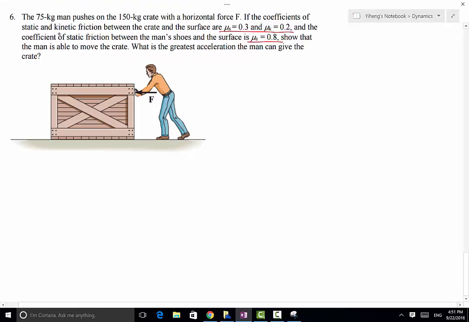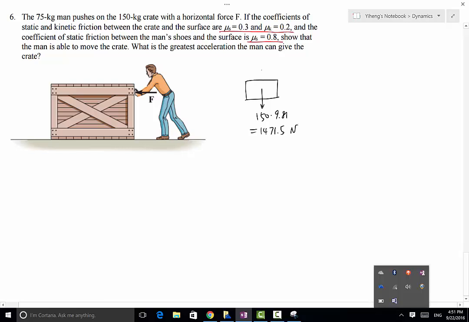So in order for the man to move the crate, the static frictional force between the crate and the surface has to reach the maximum limiting value. If we do the free body diagram of the crate, it is subjected to its weight, which is 150 times 9.81, which is 1,471 Newton.